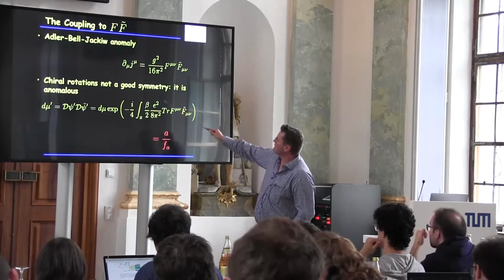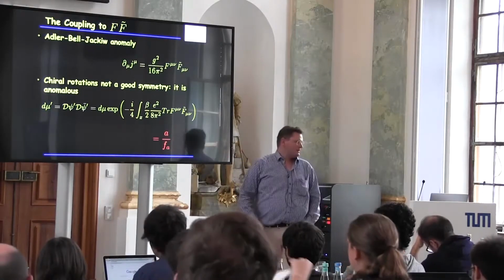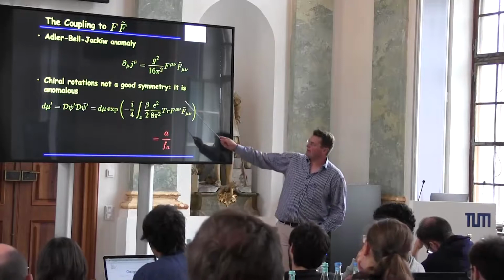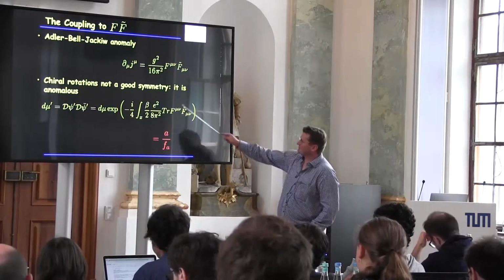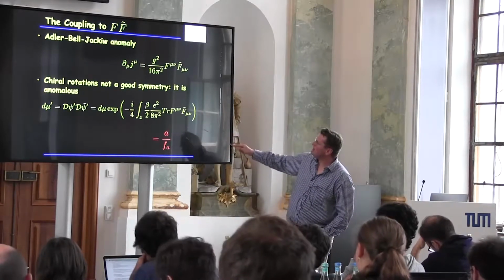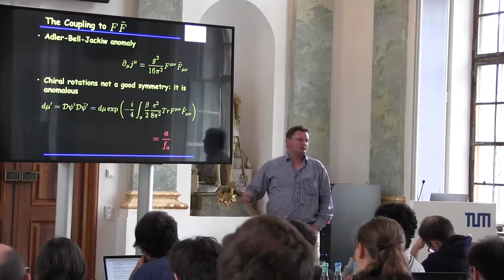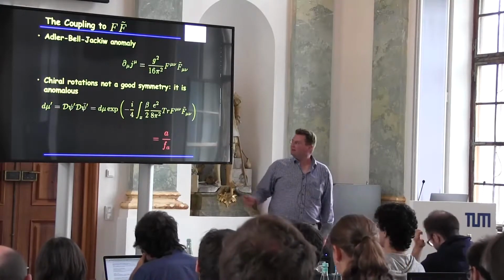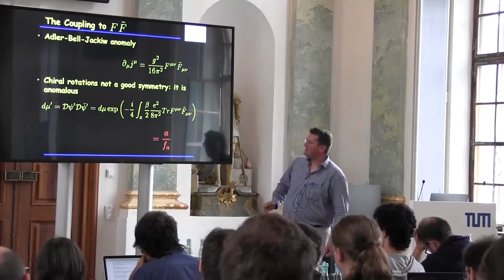If you do a transformation or a rotation by an angle beta, you get an extra term that is proportional to F dual. And that is exactly the kind of term that we are aiming for.